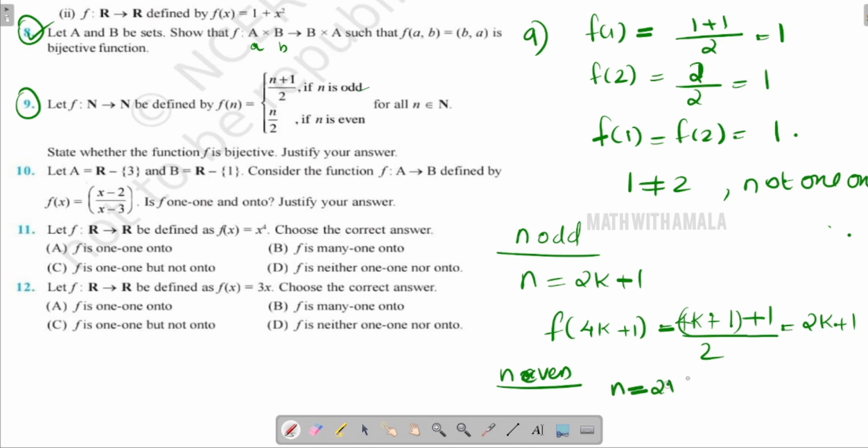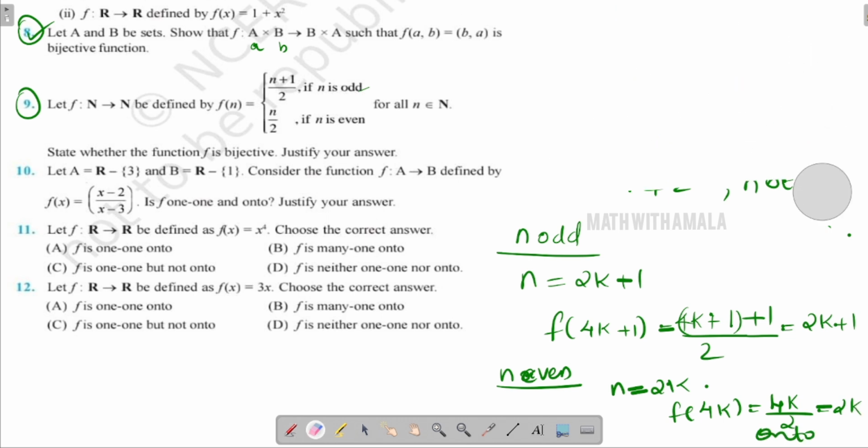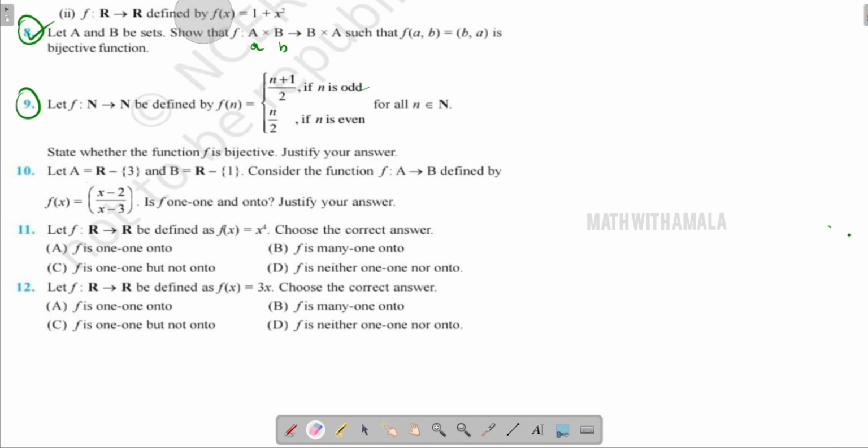If n is even, it will be of the form 2k. So if we take f of 4k, you will get 4k by 2, that is 2k, which means we are getting an onto function. Hence this is not a bijective function, since only ontoness is holding here. Oneness is not holding, injectiveness is not there.